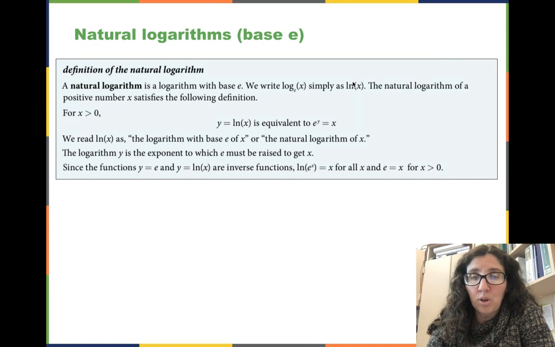We say natural log, but we write it ln instead of nl. ln stands for log base e. These are exactly the same things. Natural log of x is equivalent to e to the y equals x. We read this as the natural logarithm of x, or the natural log of x. It's asking a question: e to what power gives me x? The answer is y.